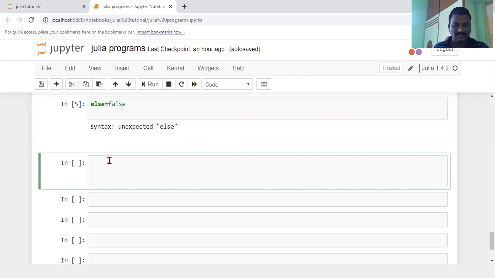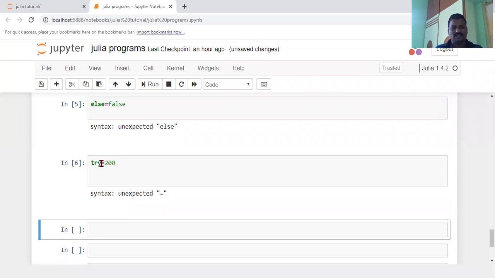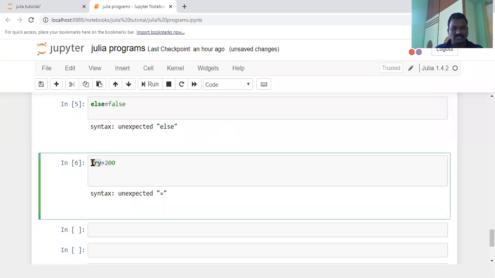For example, try equal to 20. How can you know the built-in names? The built-in names appear as green letters in a block of statements. In this way, you represent the names of the variables here.